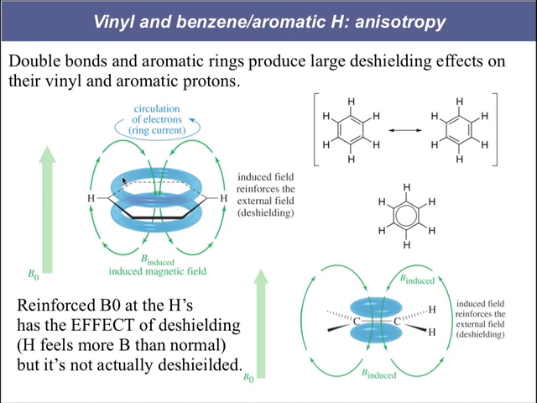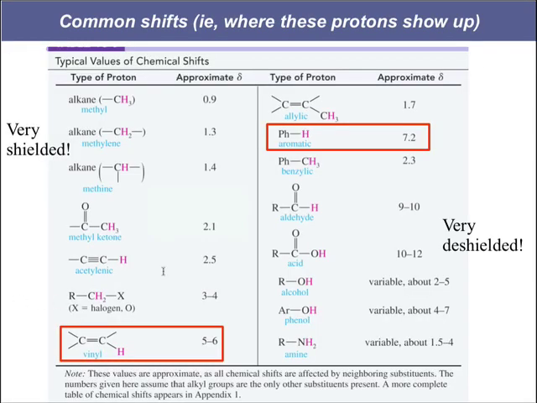So this is called diamagnetic anisotropy, and it is why we see the hydrogens on aromatic systems or otherwise hydrogens near other pi systems like the C double bond C or the C triple bond C in acetylene be downfield farther than we would expect. They are not downfield as a result of being deshielded. They are downfield as a result of feeling additional magnetic field adjacent to them.